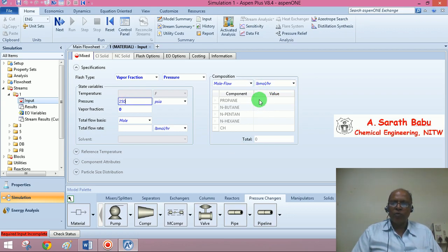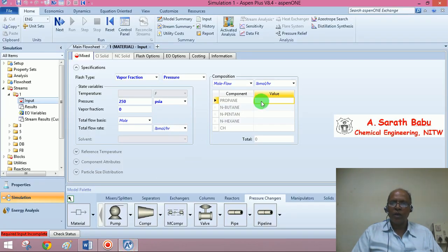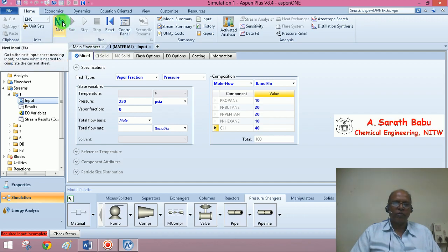And we were given propane 10, 20, 20, 10, 40. Right? Total 100. Next, we were able to specify stream 1.